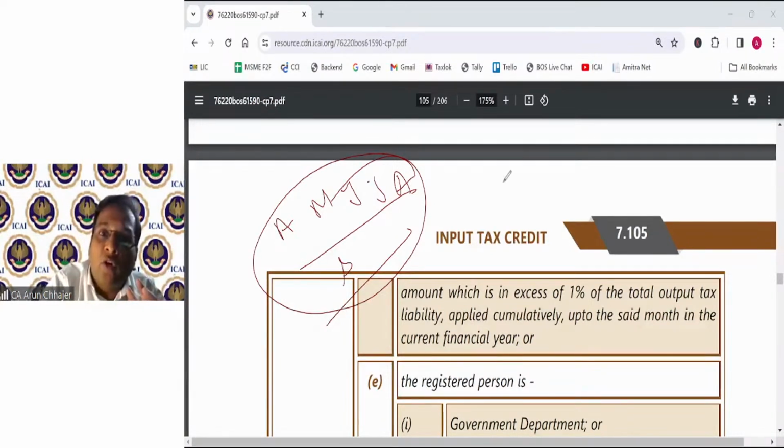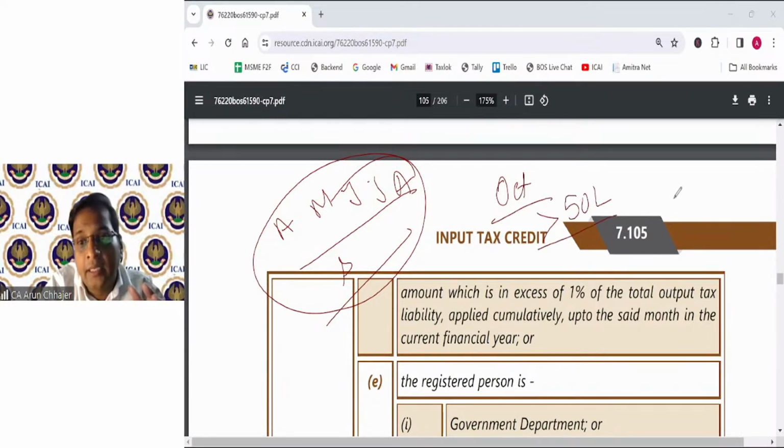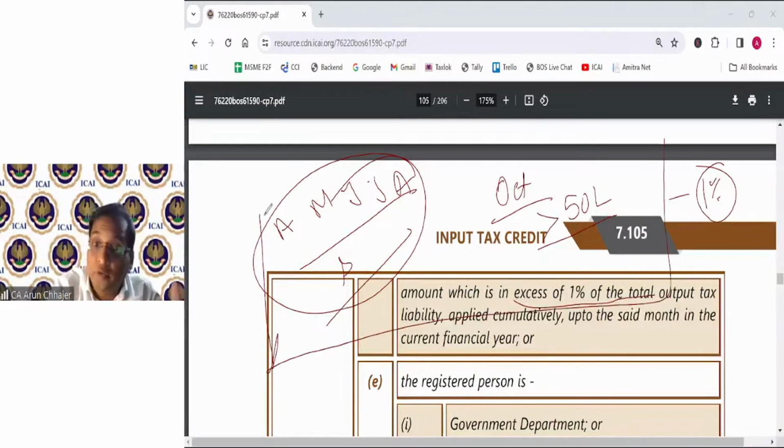Now, in the month of October, my total taxable sale is more than 50 lakhs. Then will I have to pay 1% in cash? They are saying if you have already discharged 1% cumulatively up to the current month, I will add the total liability and calculate 1%.